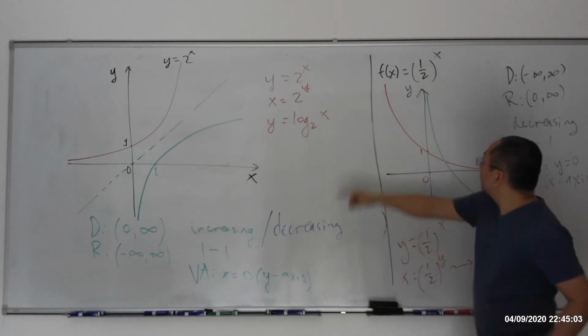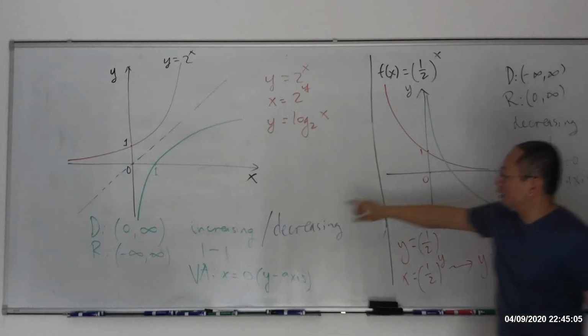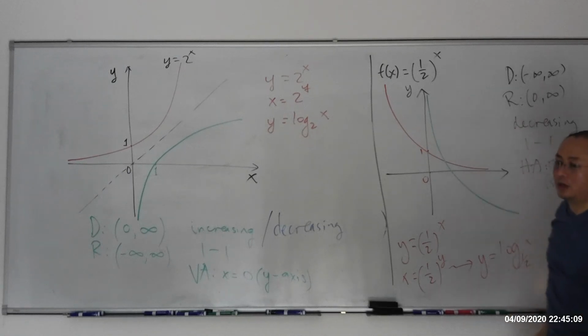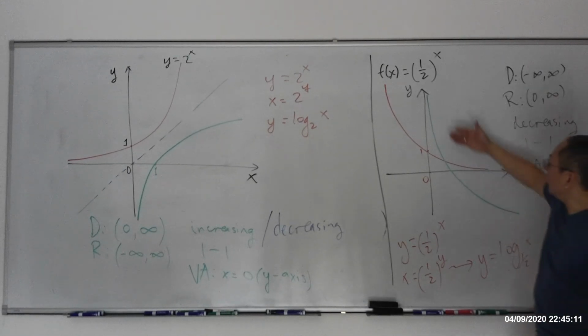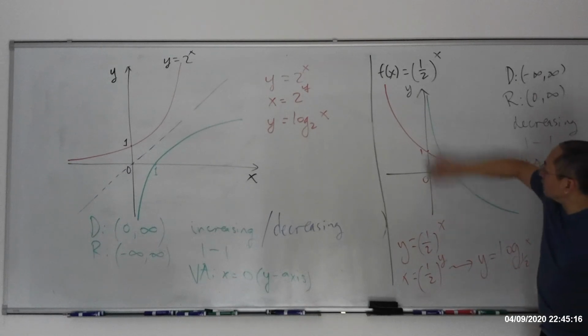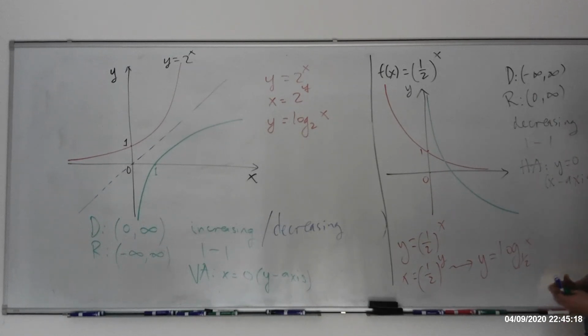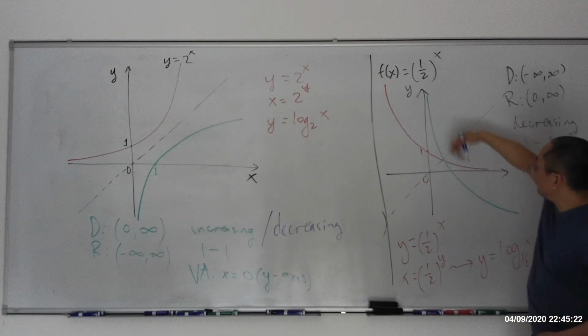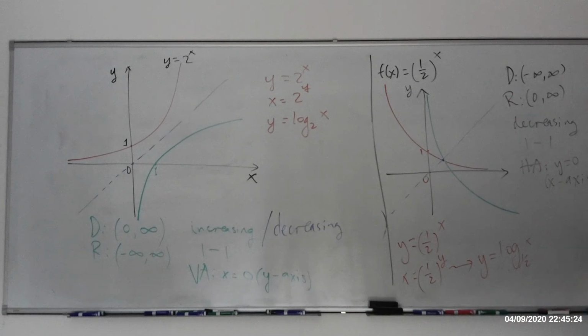Same domain from 0 to infinity as the graph right here. The range is still negative infinity to positive infinity, and the graph is not increasing. This time it's decreasing. Still one-to-one, still has a vertical asymptote at x equal to 0. And if I draw the bisector line, the graph is still symmetrical about the bisector line.